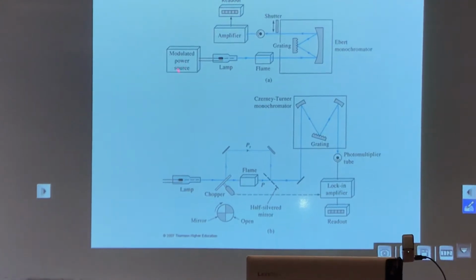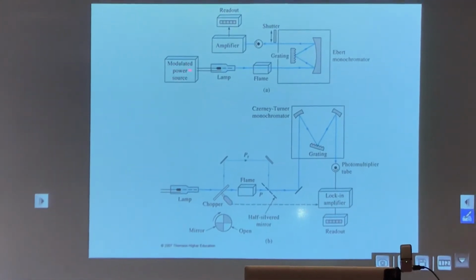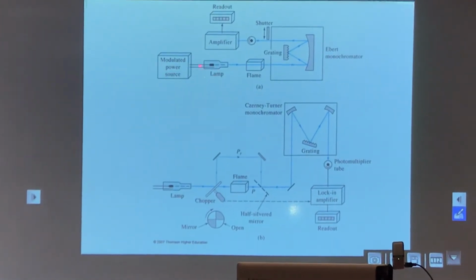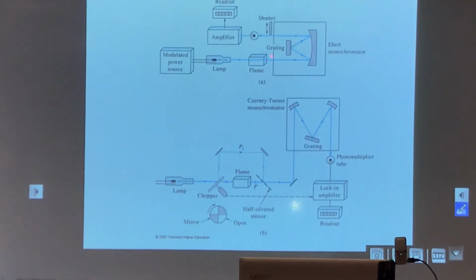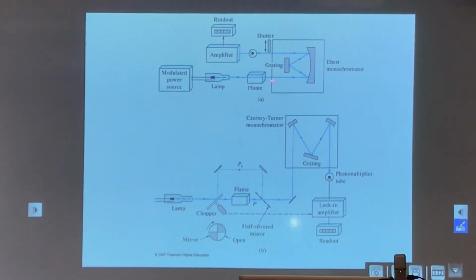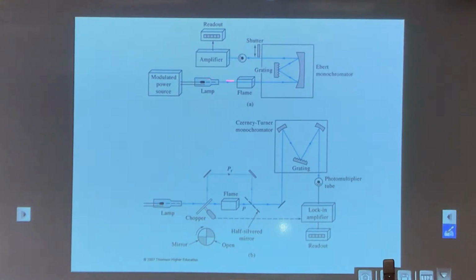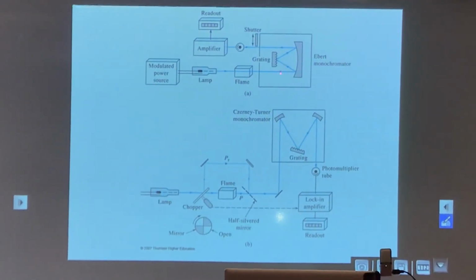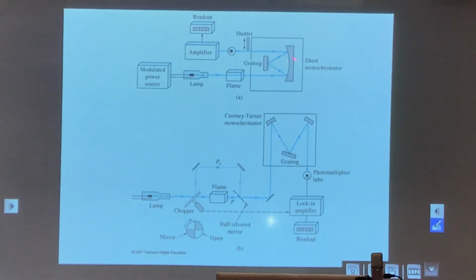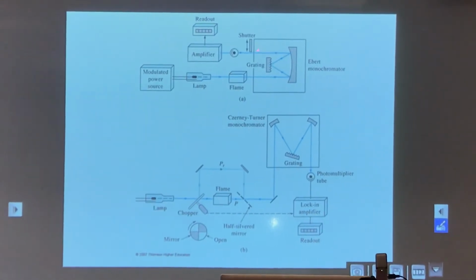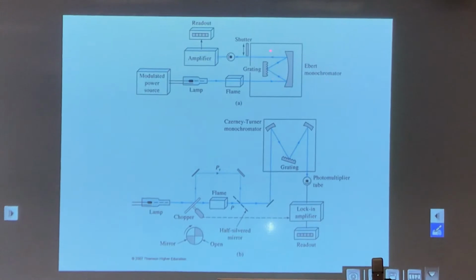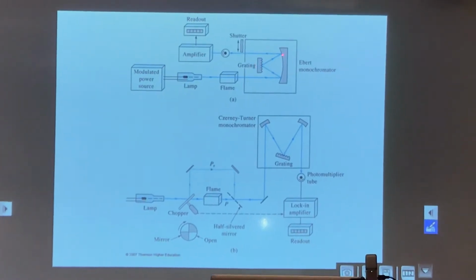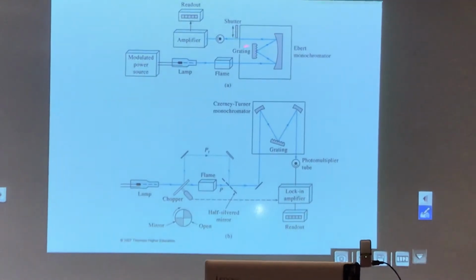It has a power supply, and it's connected to the hollow cathode lamp. We're using a flame here, so your analyte is in the flame. And then radiation goes through the flame, and it bounces off this mirror here to the grating. Then we get resolution here, and then we get some kind of output.